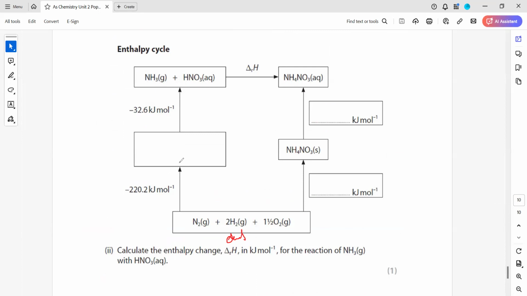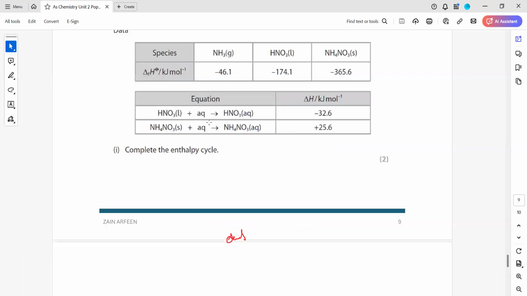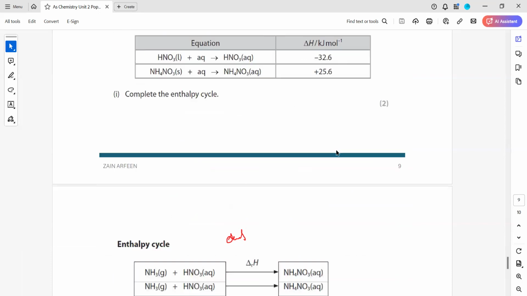So here we have nitrogen and nitric acid, like ammonia and nitric acid. First, as you can see, there are different values. When nitric acid is aqueous it will be -32, and when ammonium nitrate is aqueous it is 25.6, the dissolving. This is given for gas, liquid, and solid.